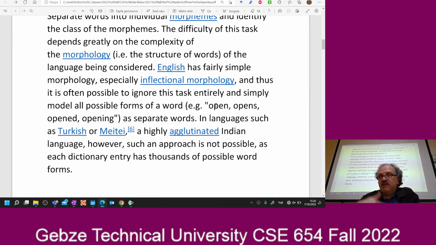And I am going to repeat this. If I try to assign vectors for each of those, it will be a big trouble. So this is not a good idea. For such a language, whatever I am using as a morphological analysis method, I can use the same method for Turkish too.